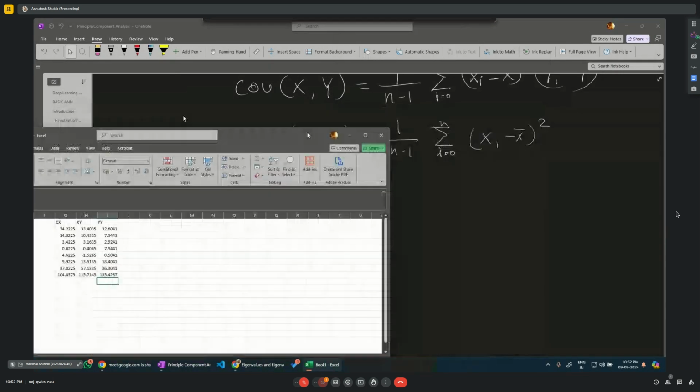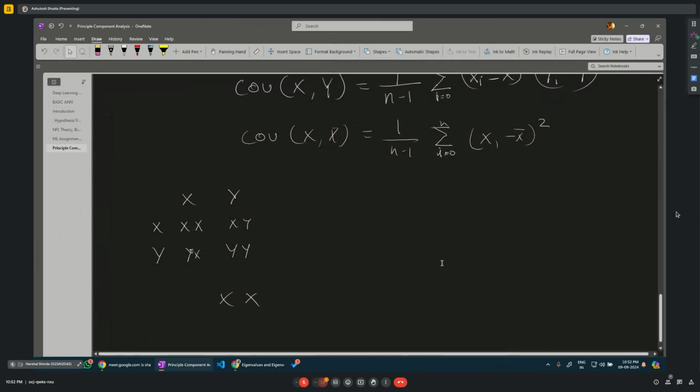I'll just write those down. So covariance matrix equals, I'll also write down xx, xy and yy. xx was 104.8, xy is 115.7, and yy is 155.4.